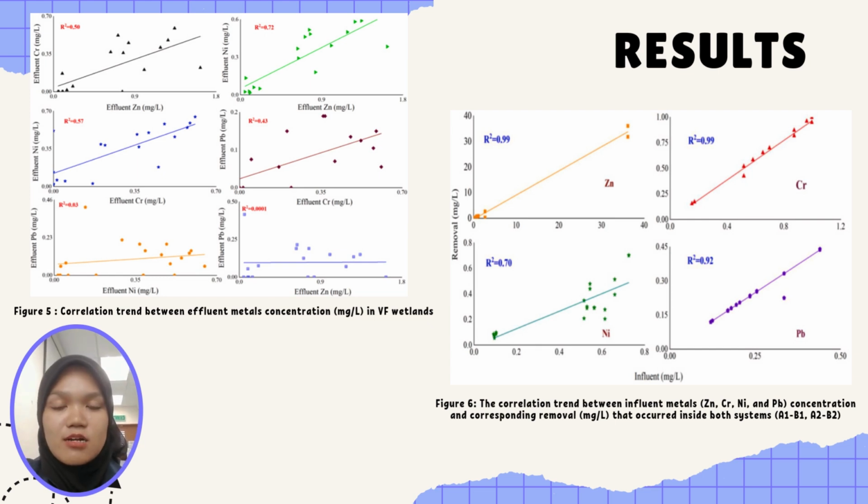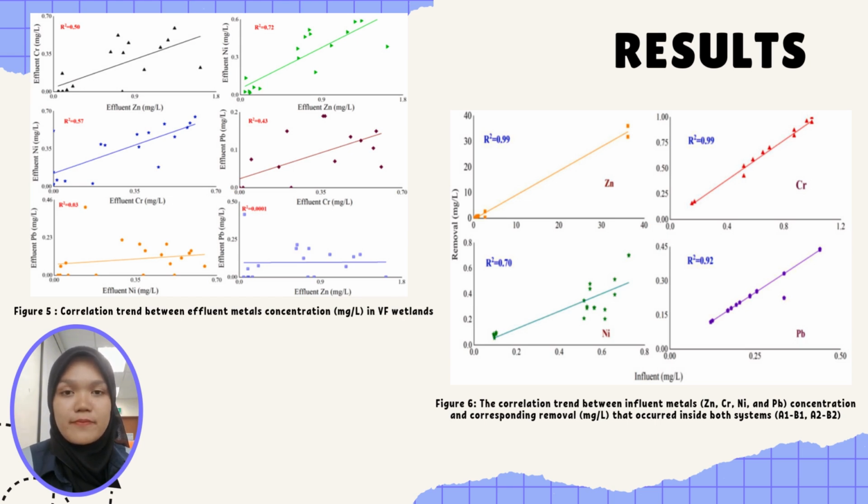Next is the result of correlation between removals. These are two graphs for effluent and influent metal removal. According to figure 5, it shows the correlation between effluent metal removals in vertical flow wetlands. There is a positive correlation between metals.